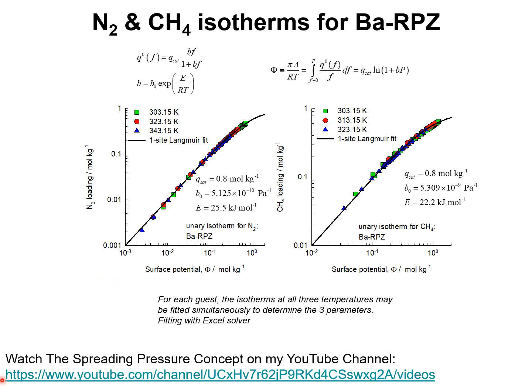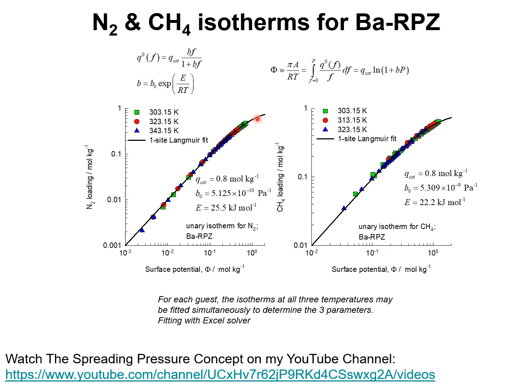We see that over the entire range of surface potentials that serves as a proxy for the pore occupancy, the single site Langmuir is of excellent accuracy for both nitrogen and methane.